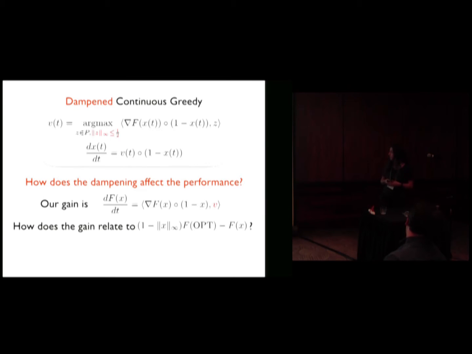So this allows us to get as much as the gain of the optimal solution. But now, since we only consider things that have norm at most 1/2, and opt does not, this is no longer a valid direction. So our gain could be substantially less than this. The key point is that we need to somehow relate our gain back to the gain of the optimal solution. So how do they relate?